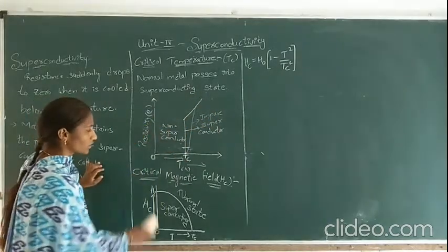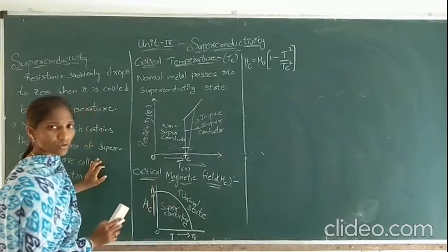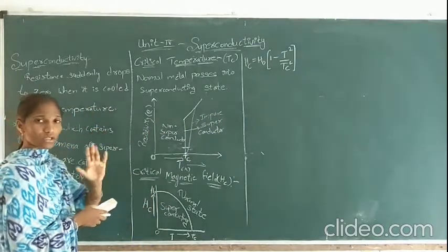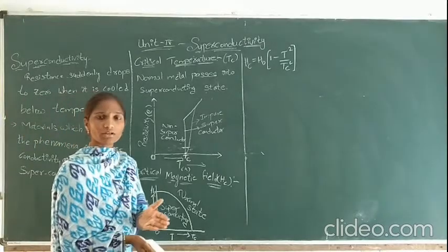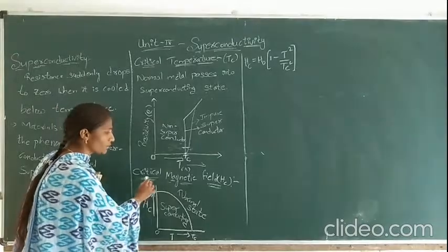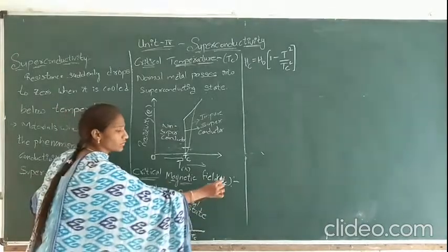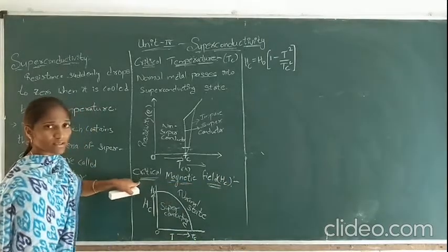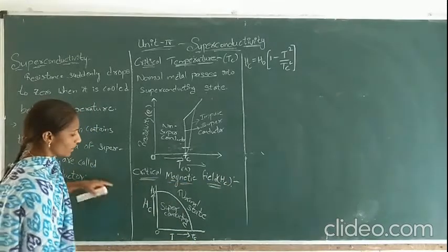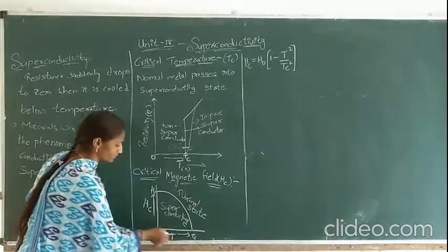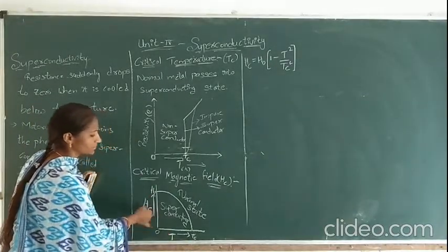Then the critical magnetic field, which is similar to the critical temperature. At a particular temperature, the metal acts as a superconductor. The critical magnetic field is represented by the letter Hc, where H is the magnetic field and the letter c indicates critical. Let us plot a graph between the temperature and the magnetic field.